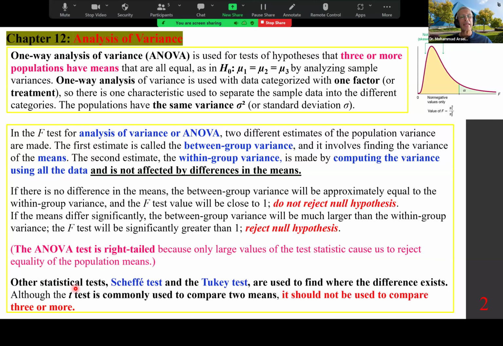Other statistical tests, the Scheffé test and the Tukey test, are used to find where the difference exists, although the t-test is commonly used to compare two means. It should not be used to compare 3 or more.